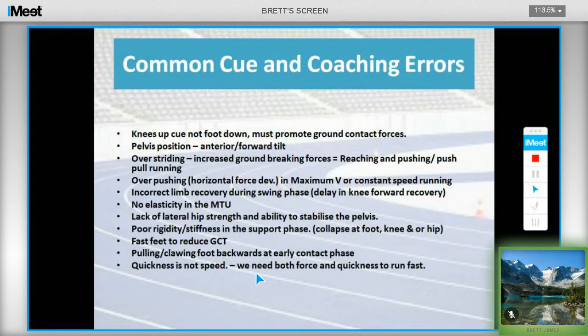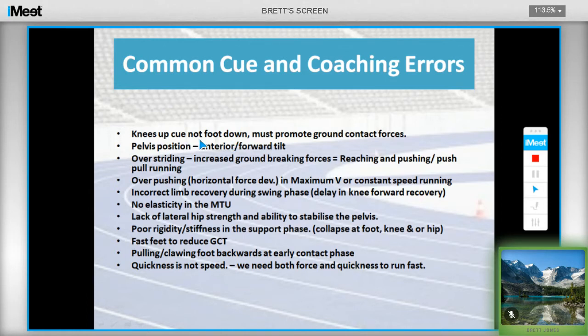Some of the common cues and coaching errors that I hear and see across the last 20, 24 years of coaching, and I've been guilty of most of these myself, is teaching athletes about getting their knees up. And I'm sure we've all heard that if you want to run fast, you've got to get your knees up.